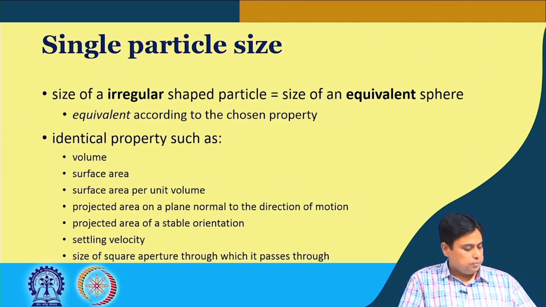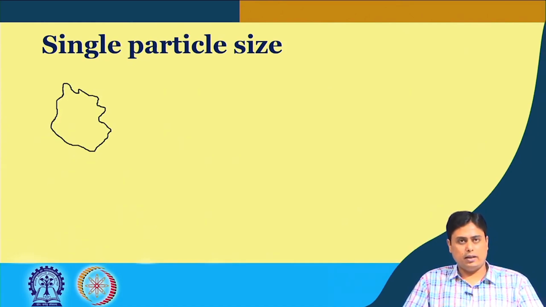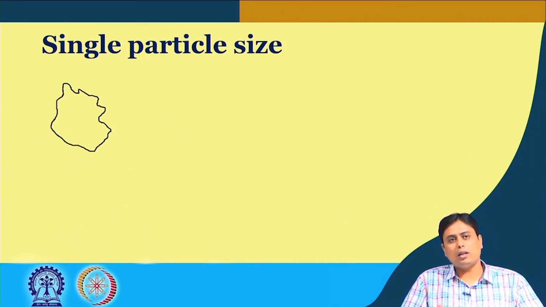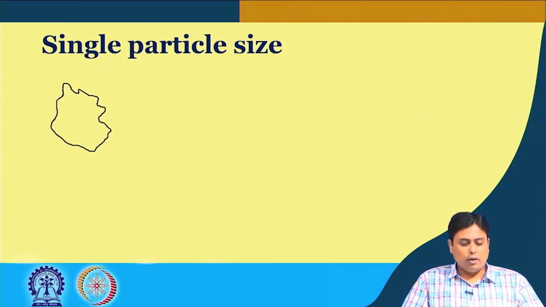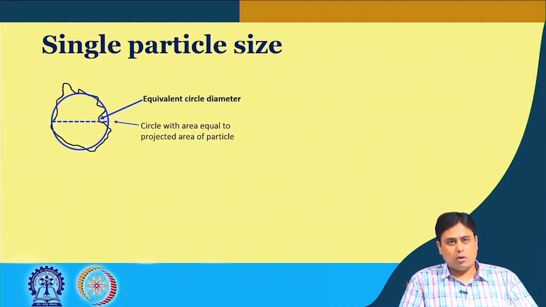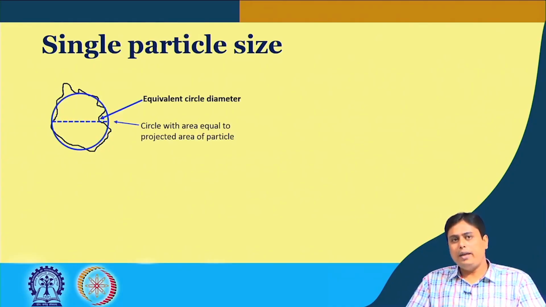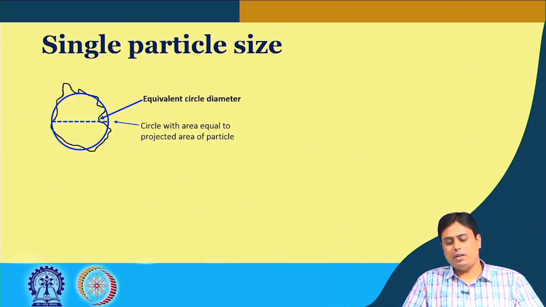Okay. So, let us take this irregular shaped particle. Now, what are the common varieties that we can have to define its size? For this irregular shaped particle, one of the possibilities is that we draw an equal area circle that is exactly equal to the projected area of this particle, and then we find out the circle diameter.